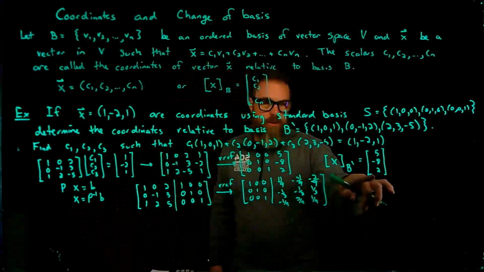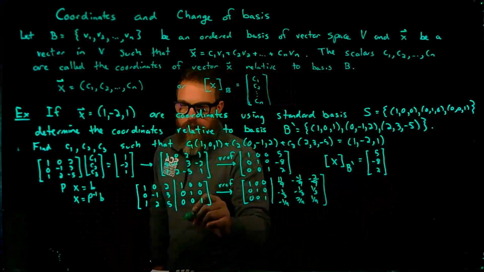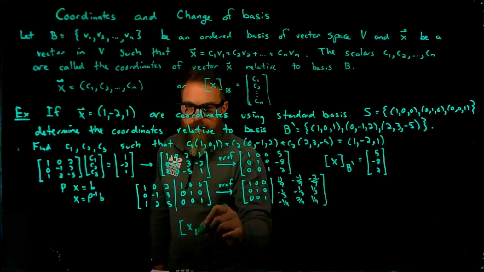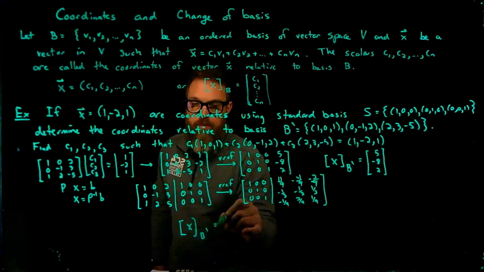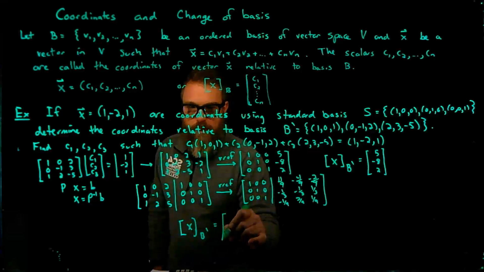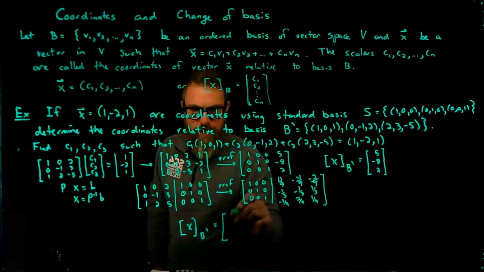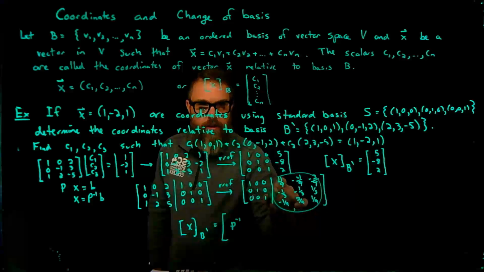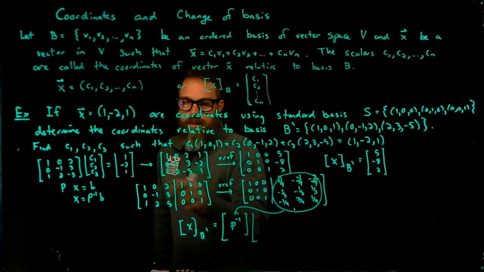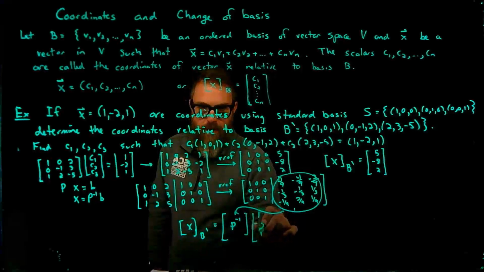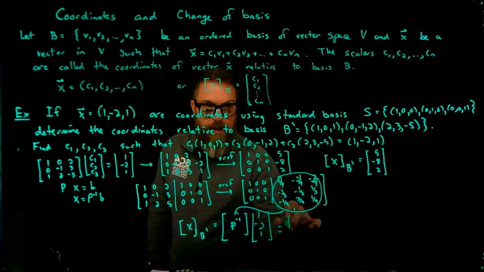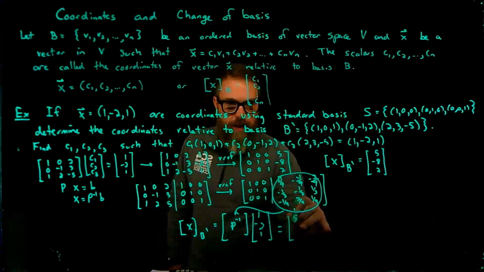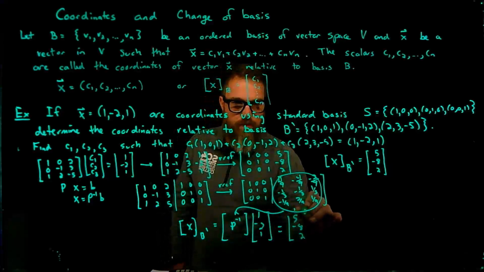So another way of finding these coordinates, I could say that x relative to the non-standard basis would be equal to this P inverse right here, that's going to be this matrix right here, multiplied by this vector, will indeed be equal to 5, negative 8, 2.